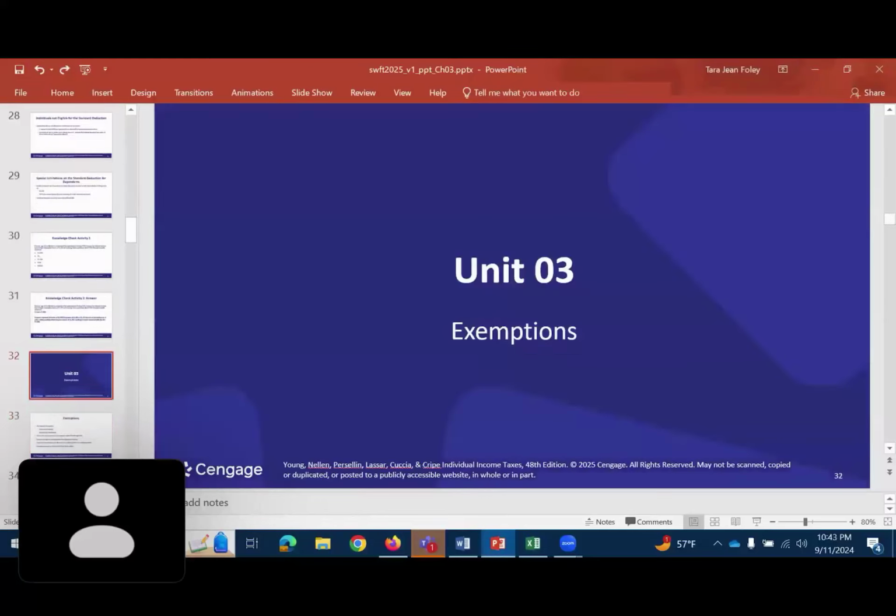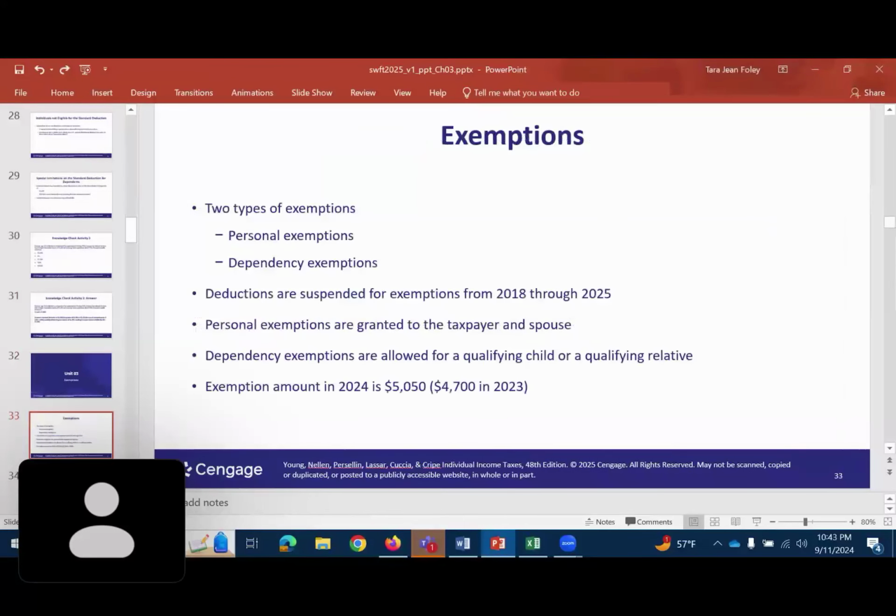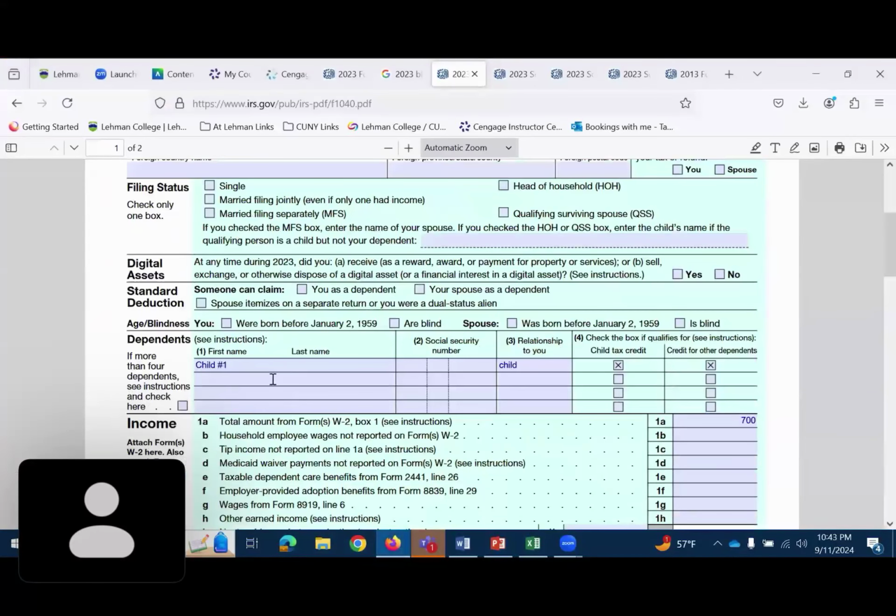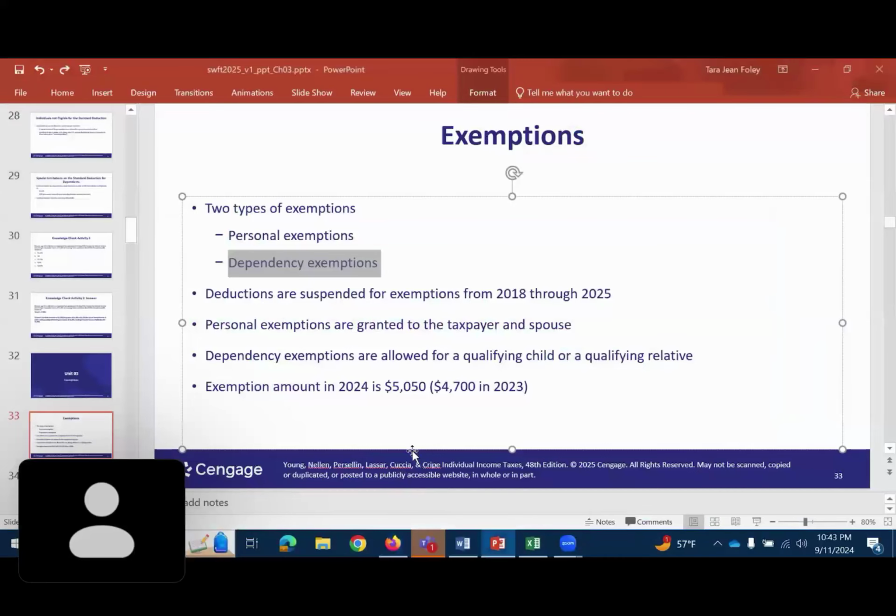Okay. Exemptions. Personal exemptions and dependency exemptions. It used to be I would get another deduction for each dependent that I had, a personal dependency exemption. All of that went away. Deductions are suspended for exemptions from 2018 to 2025.